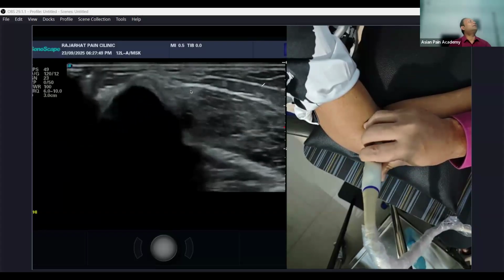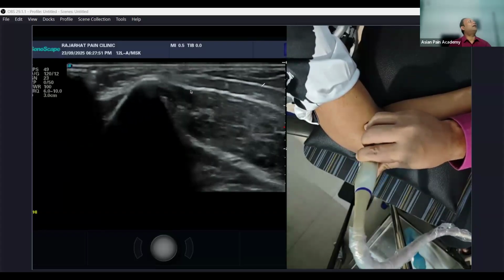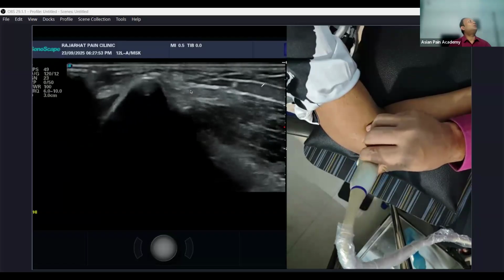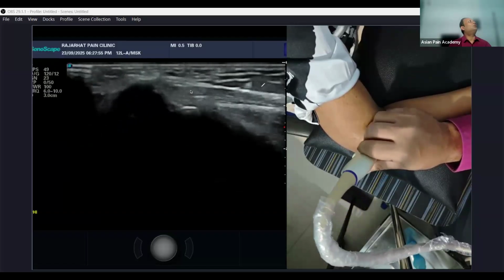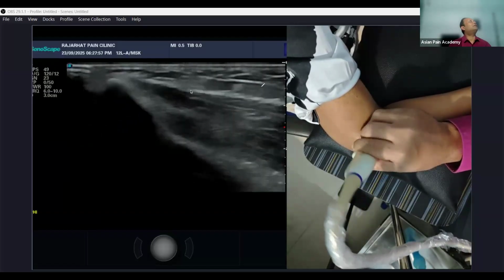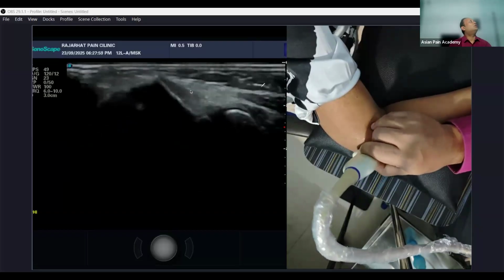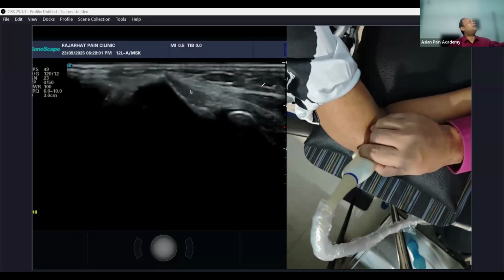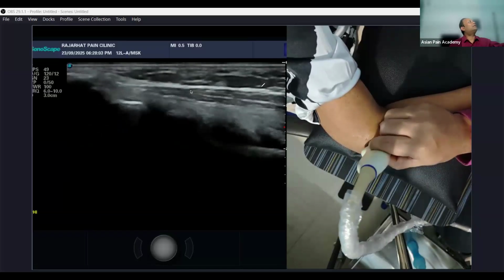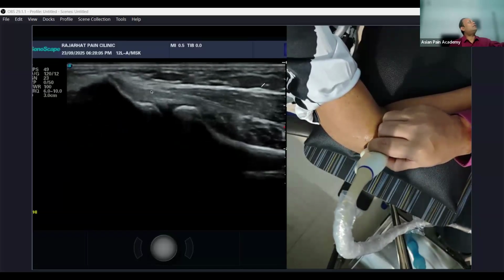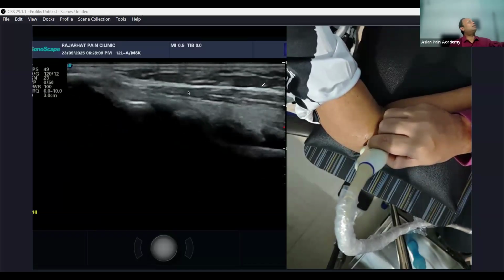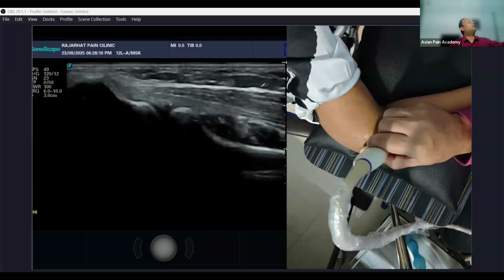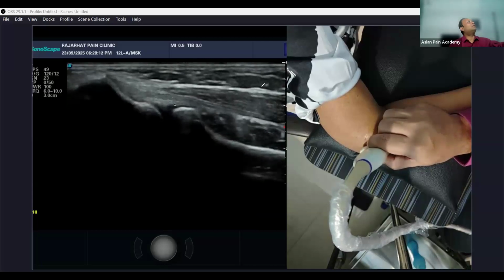I am making it a long axis now again. As I showed you in the long axis, now actually it has moved. So this is the common extensor tendon. This is the long axis of common extensor, I mean ECRB, part of the common extensor tendon.